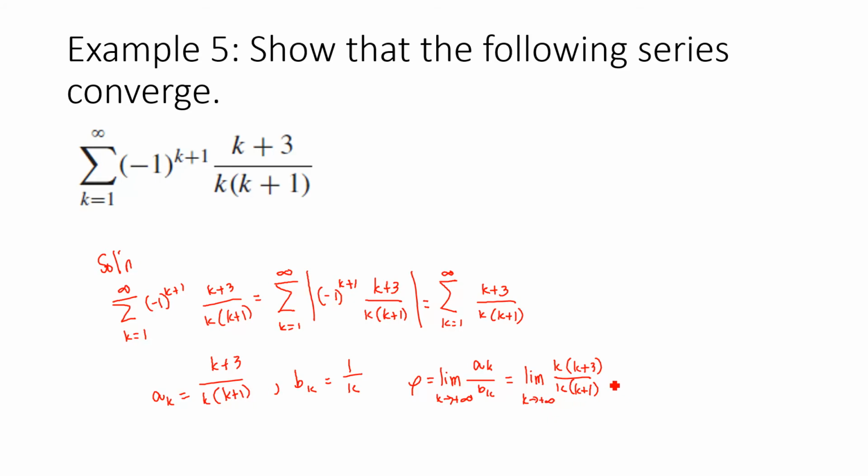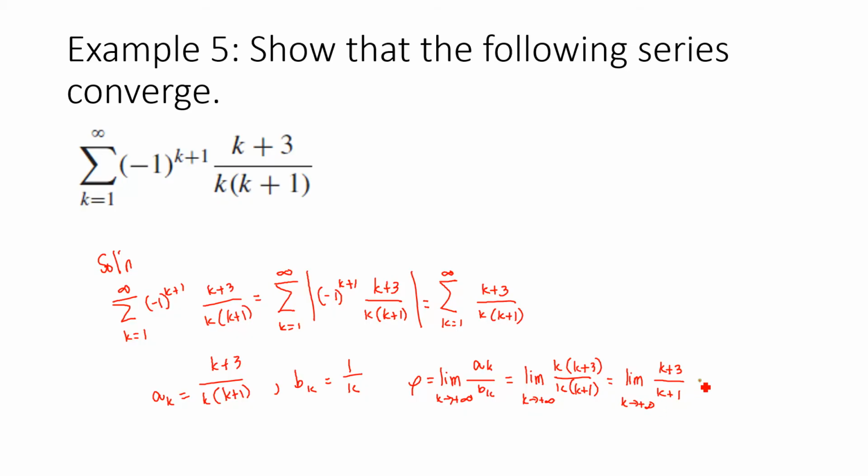Here k cancels out, so we have the limit of k plus 3 over k plus 1 as k approaches positive infinity.